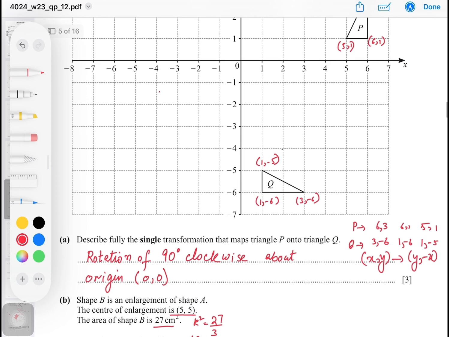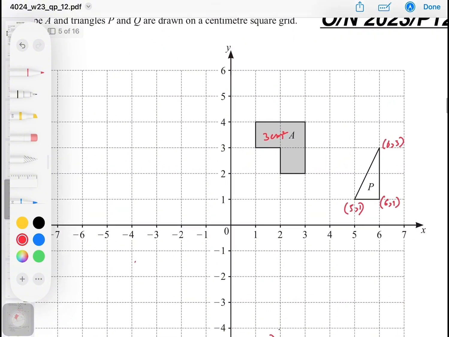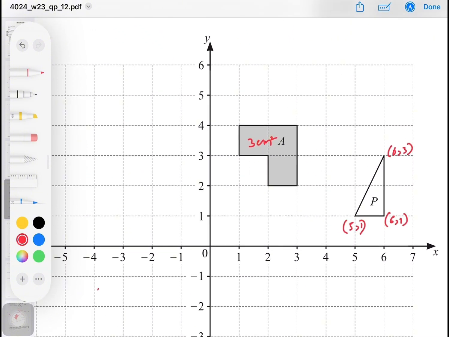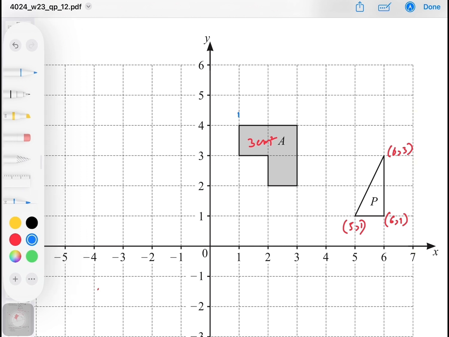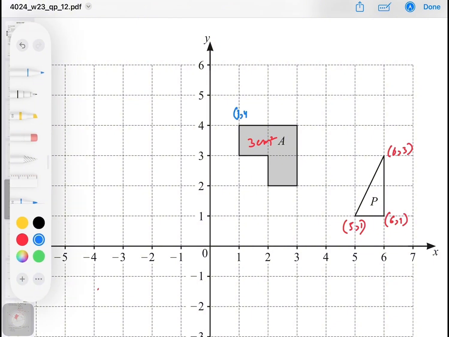Now I will find out the coordinates of shape A. So this is 1, 4, 3, 4, 3, 2, 2, 2, 2, 3, and 1, 3.